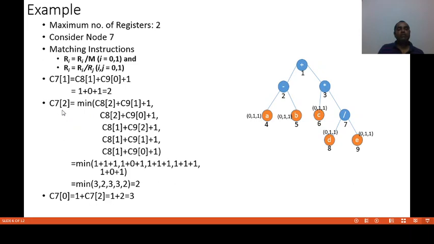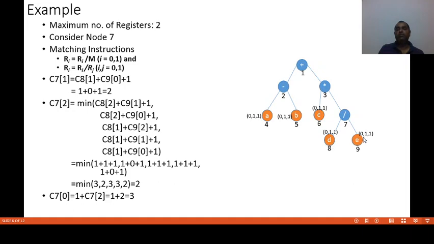The cost of the 7th node when I am using 2 registers will be the minimum of the following. The cost of the 8th node using 2 registers plus the cost of the 9th node using 1 register. If I take an example, R0 = R0 + R1 as the instruction here, then after evaluating this node the result will be in R0, so R1 will be free.